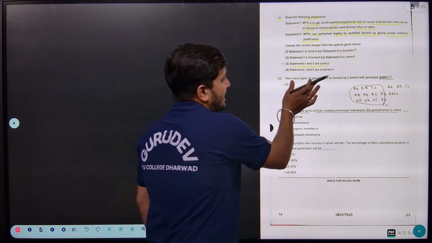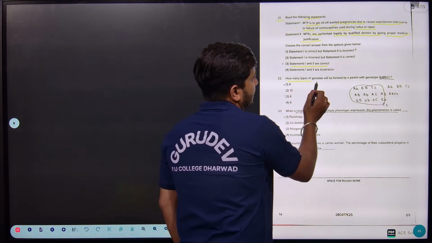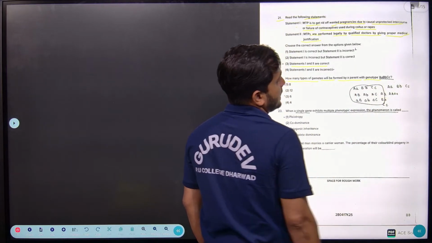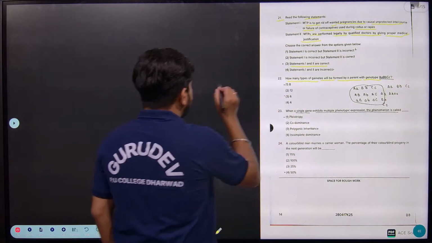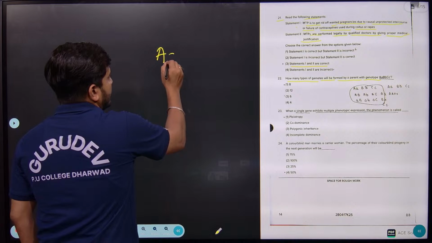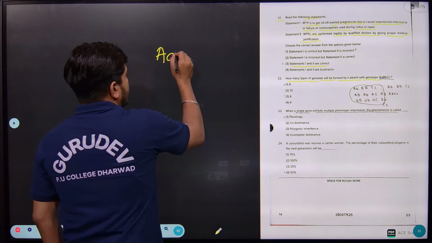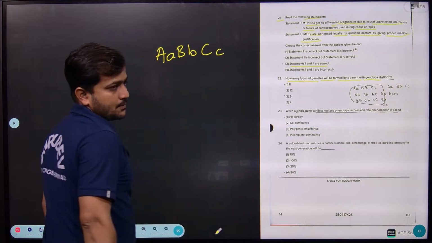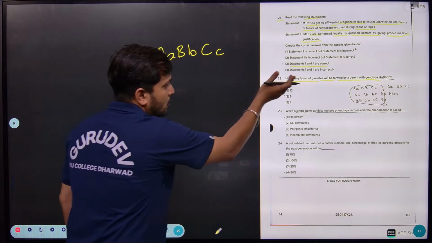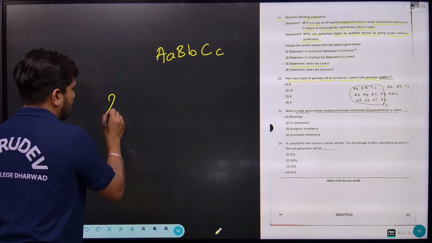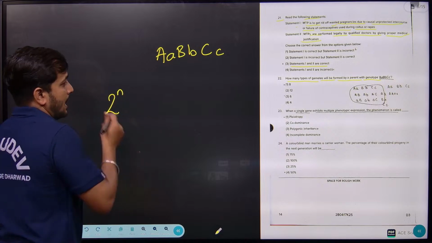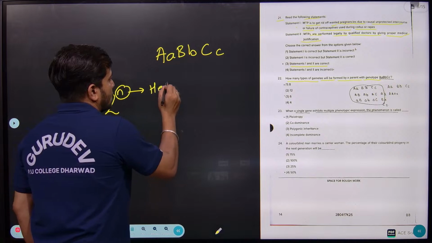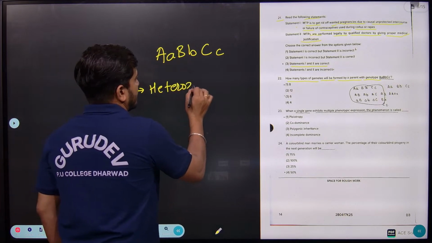Then the 22nd question: how many types of gametes will be formed by a parent with genotype AaBbCc? To find the gametes, we use the formula 2 raised to n, where n stands for the number of heterozygous conditions.